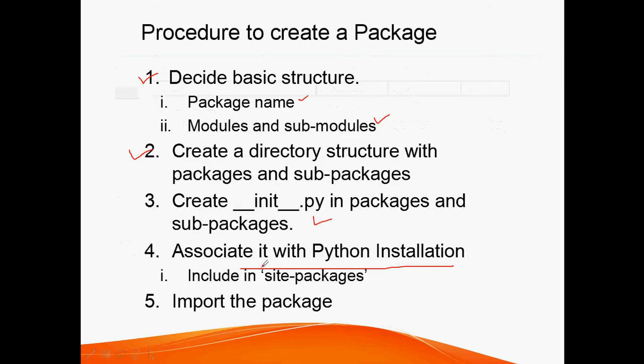So associate it with the Python installation. Find the site-packages in the Python. That means you have to find that folder in your system and create a folder there as the package and do the rest. Once it has been created, and you create a module inside, then you can import it using the normal import statements.